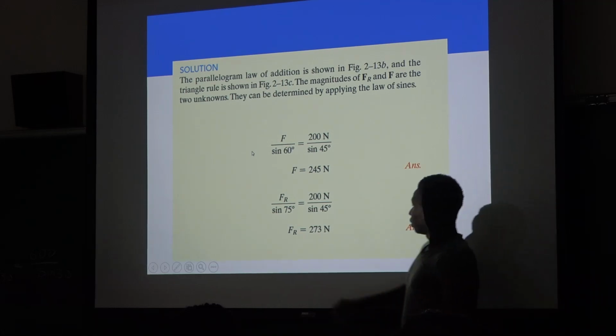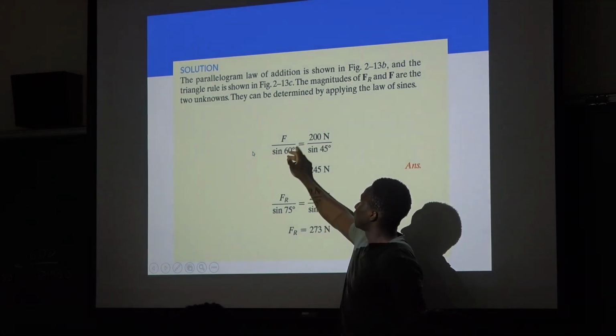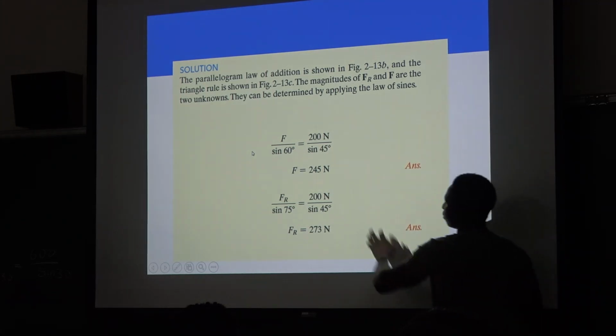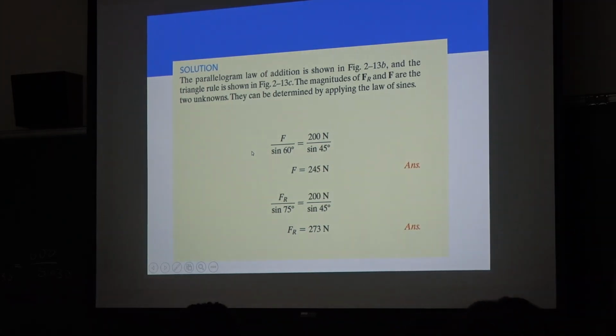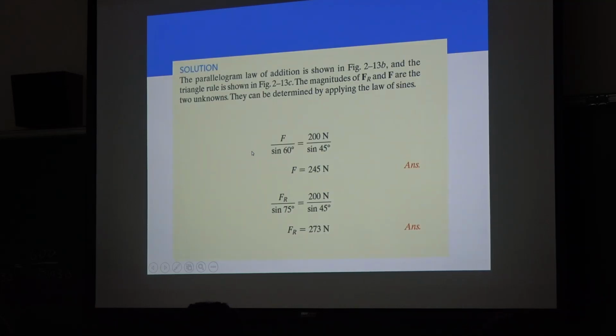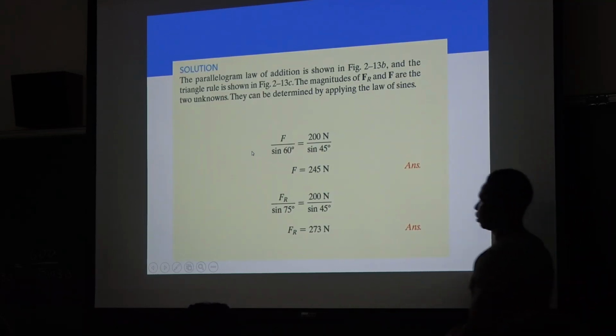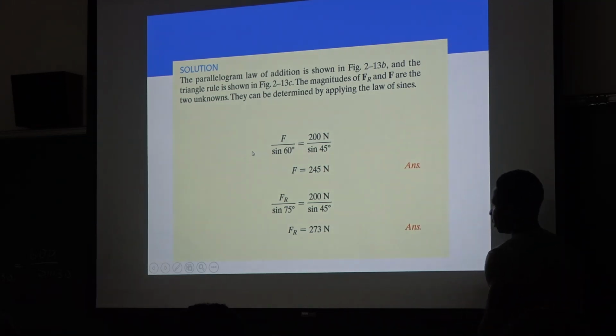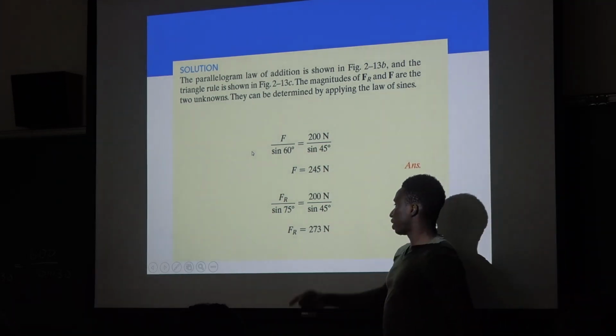So F over sine 60 equal to 200 over sine 45. Okay, so we know this component force is 245. Okay, the component force F is 245. And then for FR, the resultant, FR over sine 75, that's the angle directly opposite it, should be equal to 200 over sine 45.